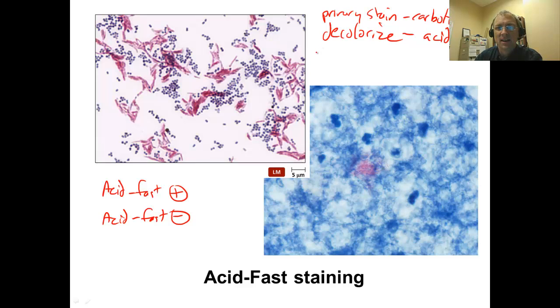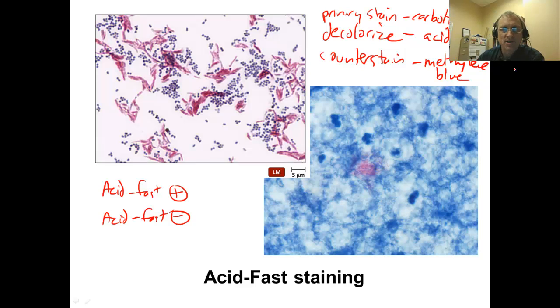And then a counterstain is a contrasting color, and what's typically used for the acid-fast procedure is a stain called methylene blue, so that we can see the non-acid-fast bacteria.